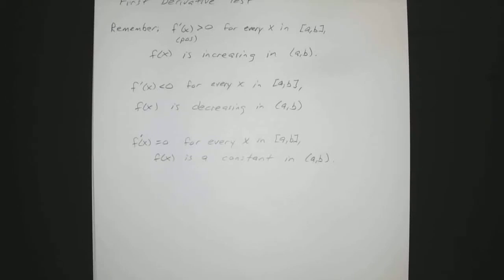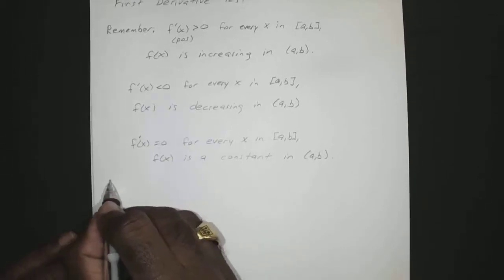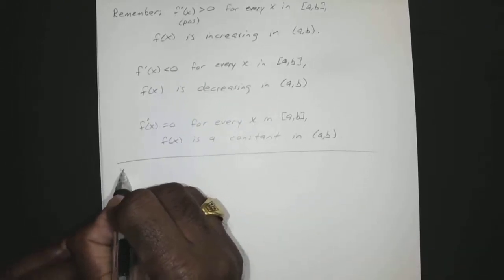Okay. So using what we know about that, if you go from a positive slope to a negative slope, that means your f prime of c is going to be the maximum. Okay, so let's write that out.